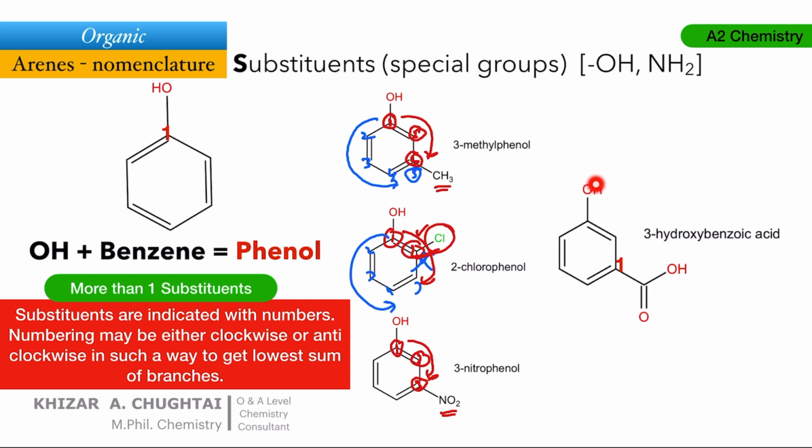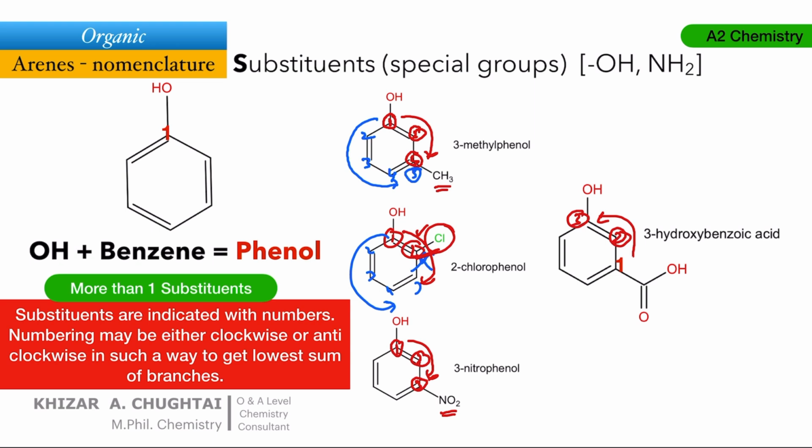In competition of OH versus this carboxylic acid, the carboxylic acid is the major functional group, and the carbon that is having this carboxylic acid is said to be carbon number 1. So in this case, this group will be preferred. It's the position number 1. Now, according to clockwise and anti-clockwise numbering, the lowest position for this OH is going to be 3. I mean, it's 2, it's 3, and so on.